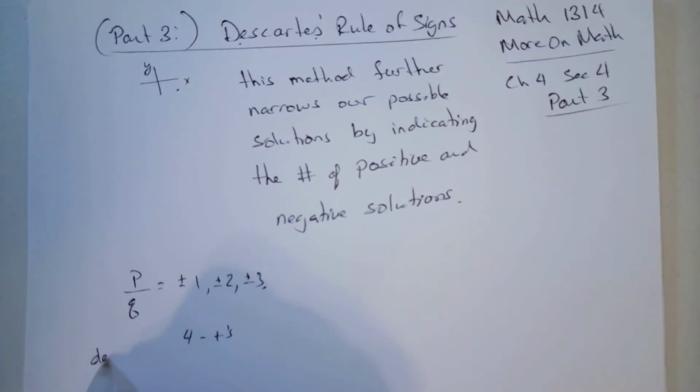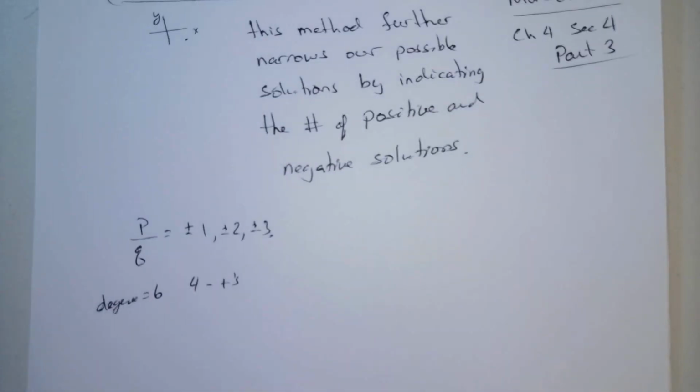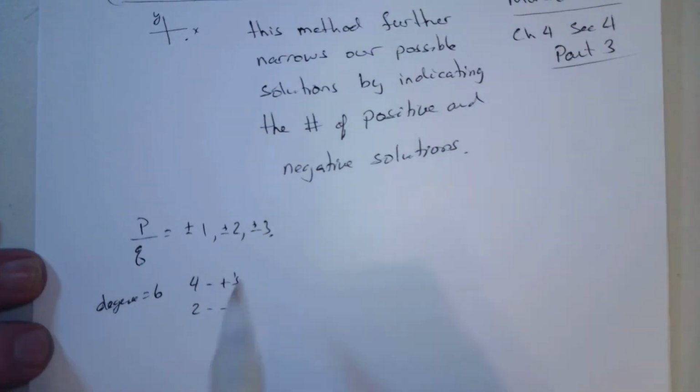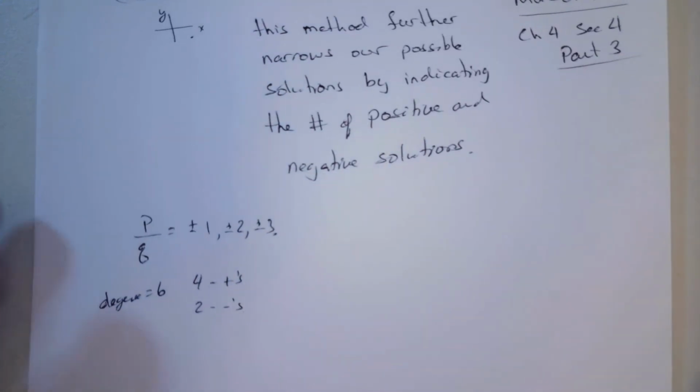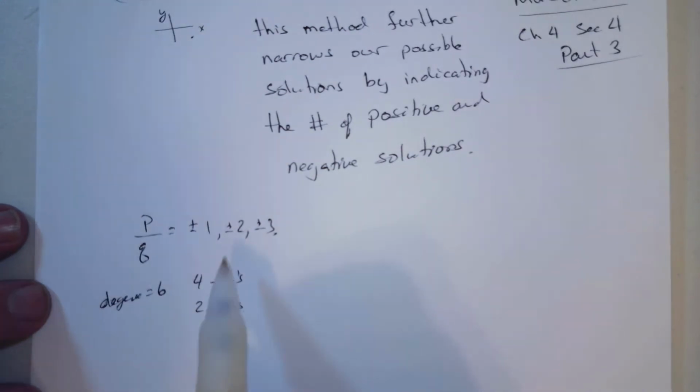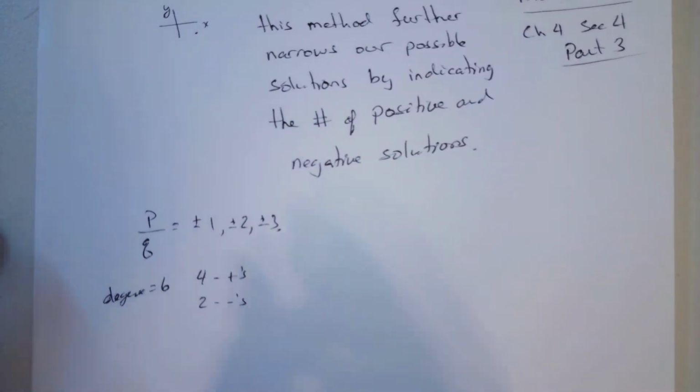Let's say the degree is 6. If there are 4 positives, then we know there are 2 negatives. So once we find the number of positives, then we don't have to do the rest of the list. For positives, all we do now is narrow it down to negatives. So we could cut half of the list out. So that's what this one does.